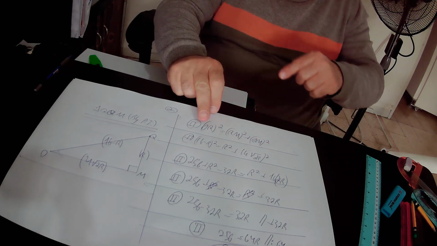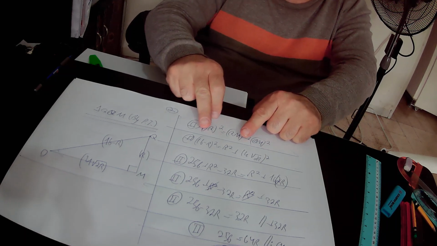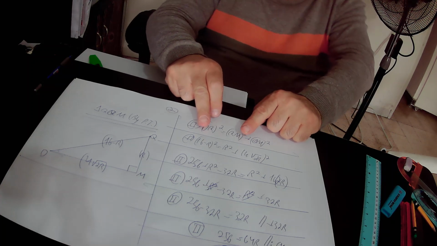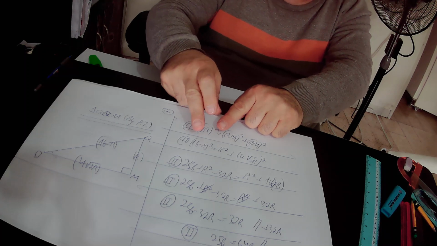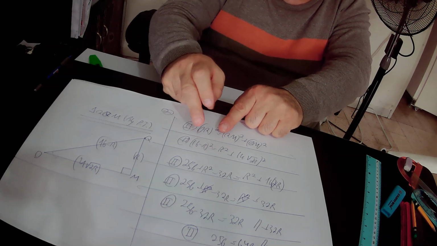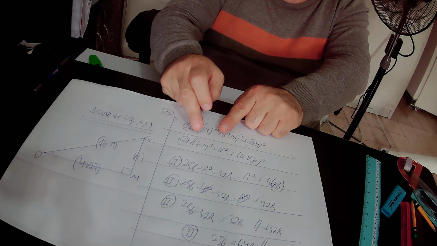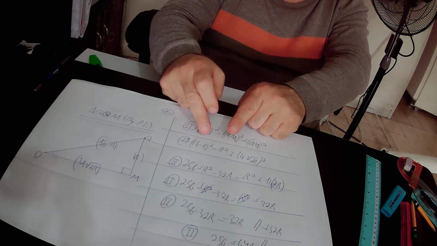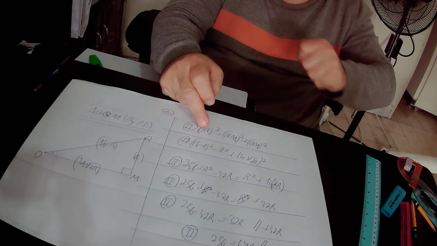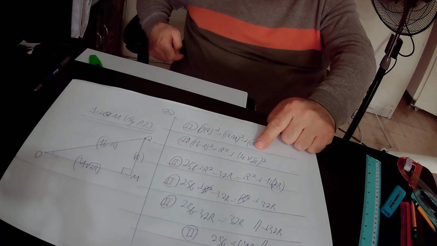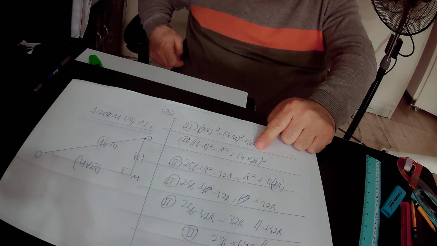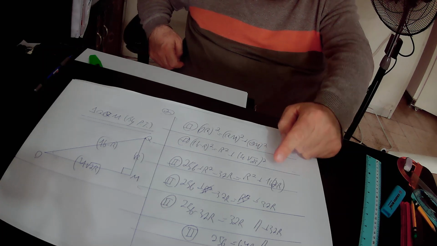Here we open the brackets on both sides of this equation, equation 2. (16 minus R) square equals 16 squared, that is 256, plus R square, minus 2 times 16, that is minus 32, times R. So it is minus 32R, and it equals R square plus (4 times square root of 2R) square, which equals 4 squared, that is 16.